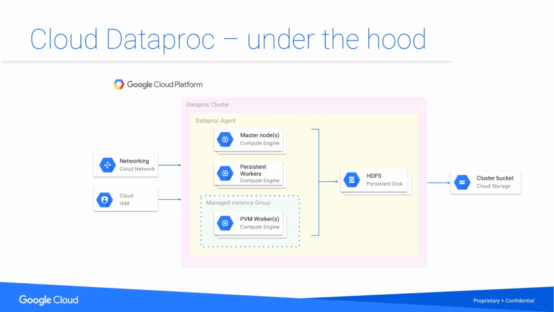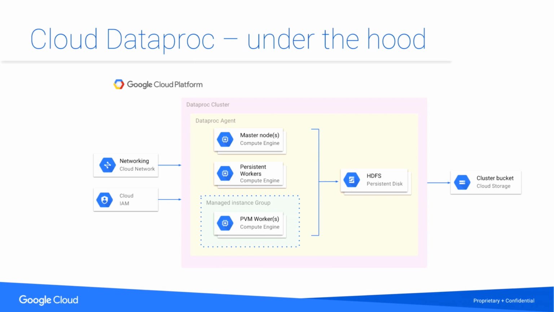Let's talk more about how Google Cloud Dataproc works under the hood, because when we start a discussion about Hadoop or distributed systems, people are also very much interested in knowing how it works internally rather than just using it. So that's why we're going to discuss that as well. Cloud Dataproc is built on existing Google Cloud Platform technologies.